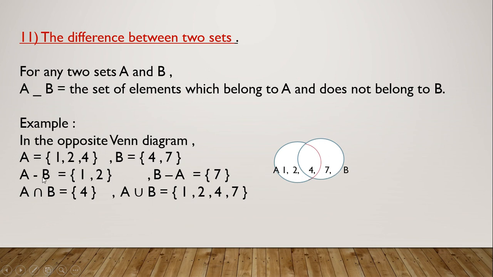Then A minus B, elements that belong to A and don't belong to B: 1 and 2. B minus A, elements that belong to B and don't belong to A: 7. A intersect B, the common area between them: 4. A union B, all the elements in A and B: 1, 2, 4, 7.